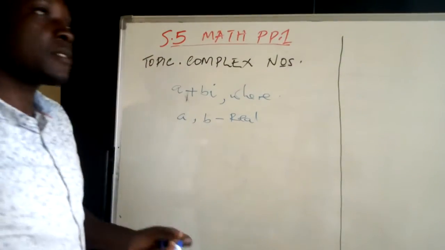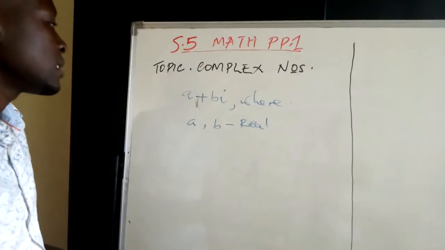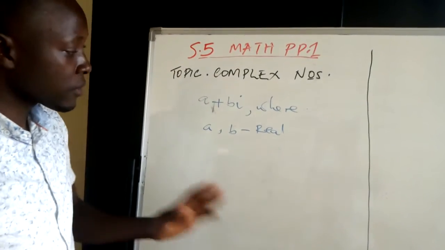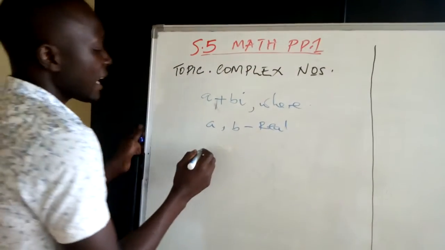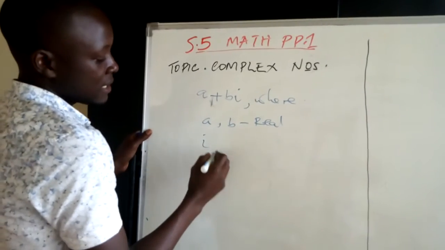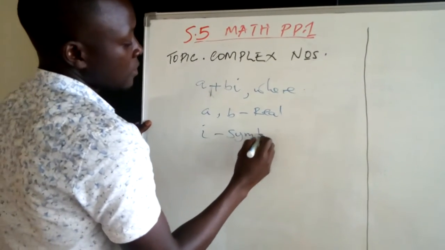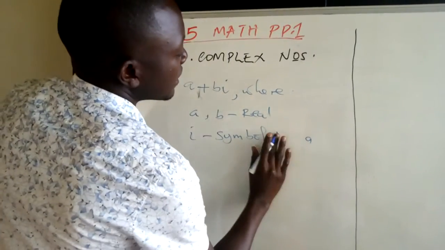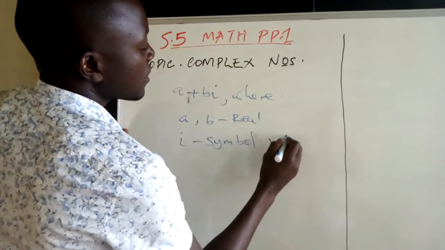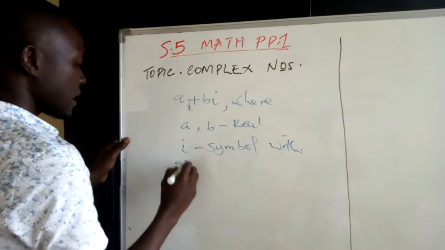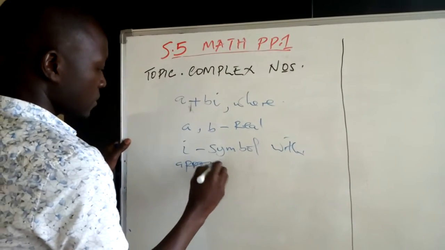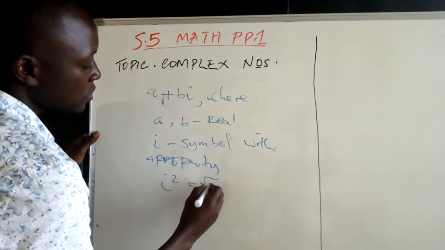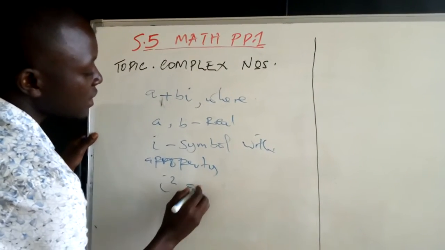Like the way you can think of any real number, say 1, 2, or -1, it can even be 0 point something, provided it's a real number. And i has a property: i squared is -1.